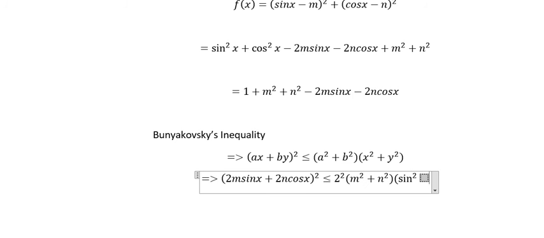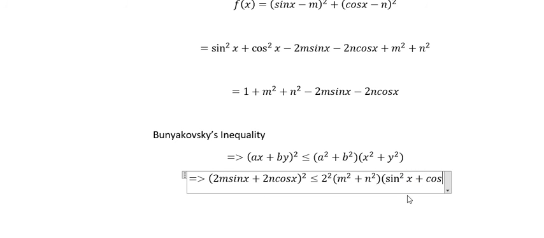We put the number 2 outside, that's why we get 2 power 2, then m power 2 plus n power 2, and sin x power 2 plus cosine x power 2.